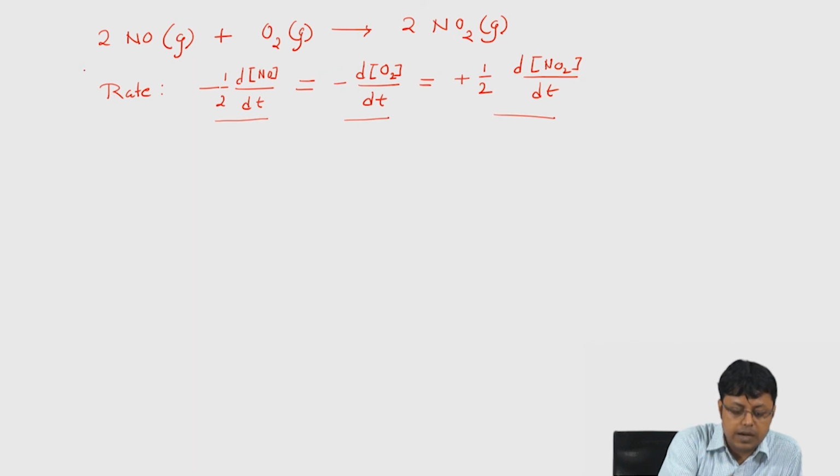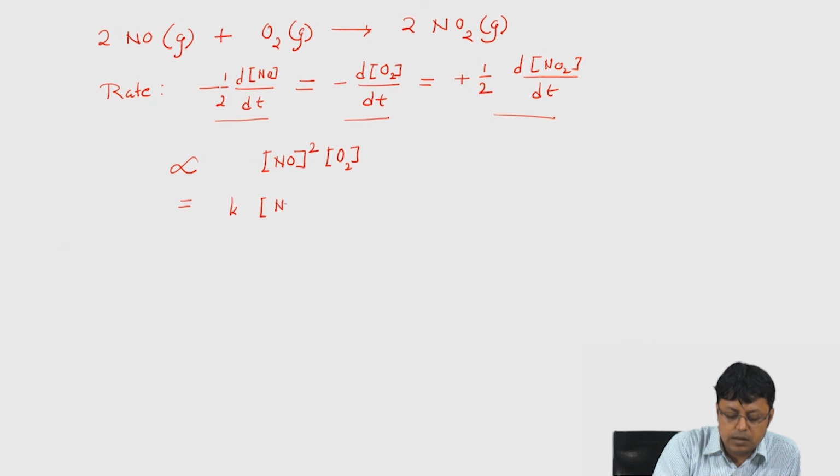For this particular reaction, we will see that this rate varies with the squared concentration of NO, and it varies linearly with the concentration of oxygen. Together we can write that the rate varies with NO squared and oxygen, and the proportionality constant we call the rate constant.